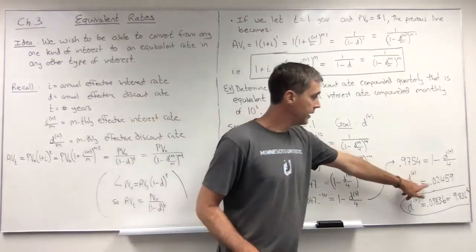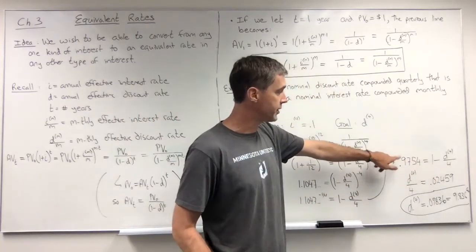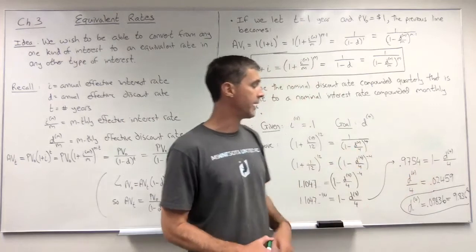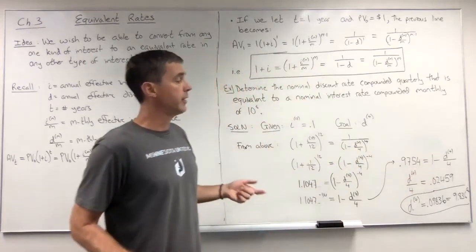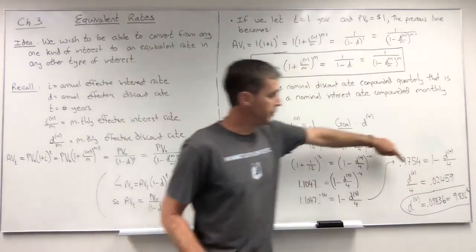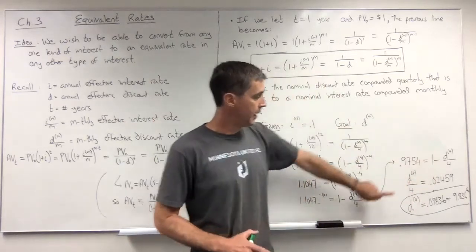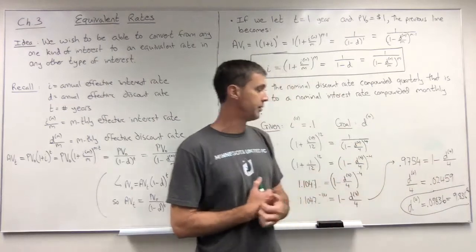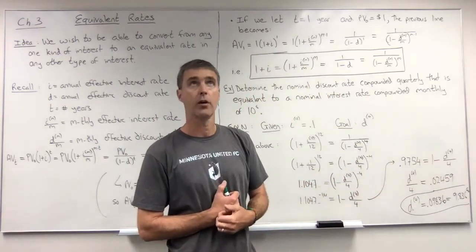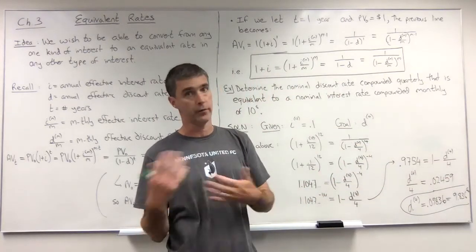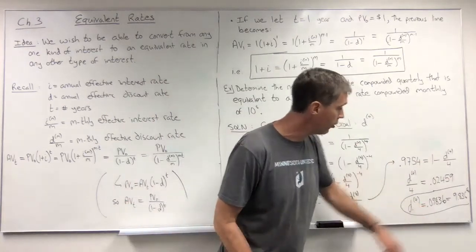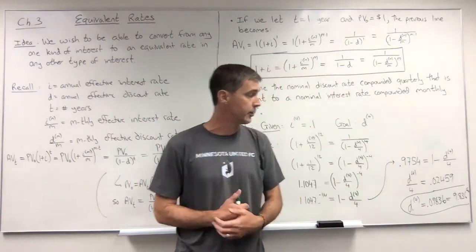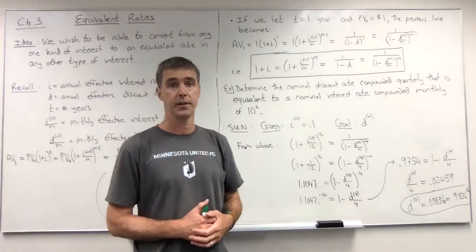I added the d4 over 4 to the other side, subtracted the 0.9754, and I got my quarterly effective discount rate to be 0.02459, multiplied the 4 to the other side and got my nominal discount rate convertible or compounded quarterly to be 0.09836, or in other words, 9.836%.